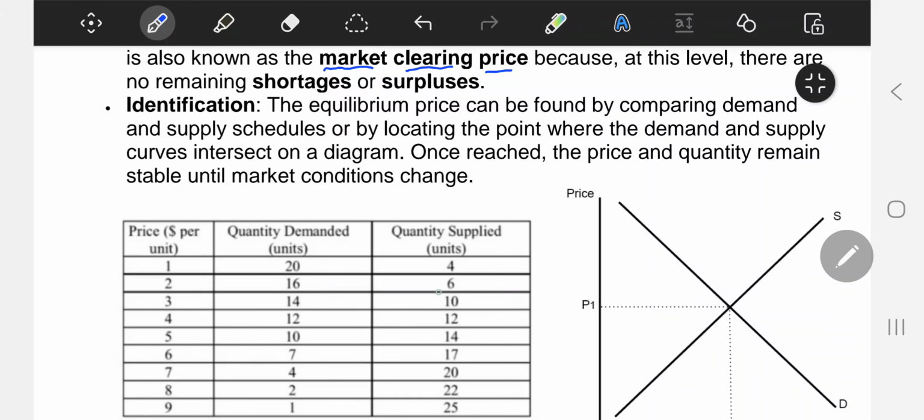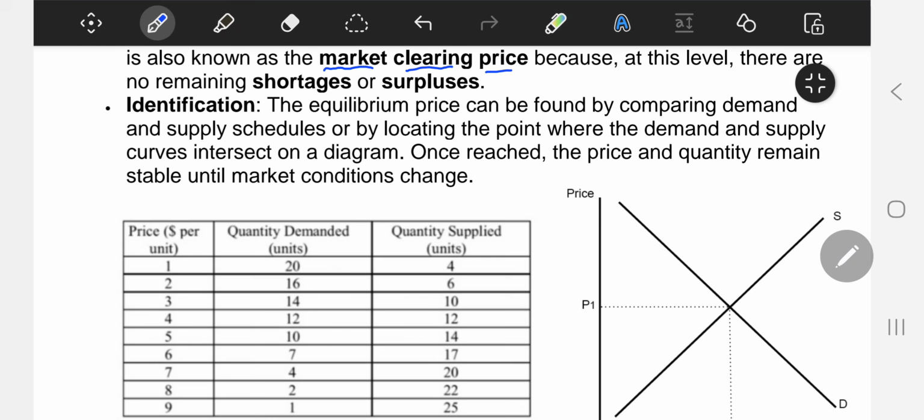It has decreased, but the quantity supplied has increased. So the suppliers now are willing to bring more, but the consumers are buying less. And then when the price goes to 3, quantity demanded decreases and quantity supplied continues to increase. And that's going to go all the way up to when it's $9 and only one unit is bought, and suppliers now are willing to bring more.